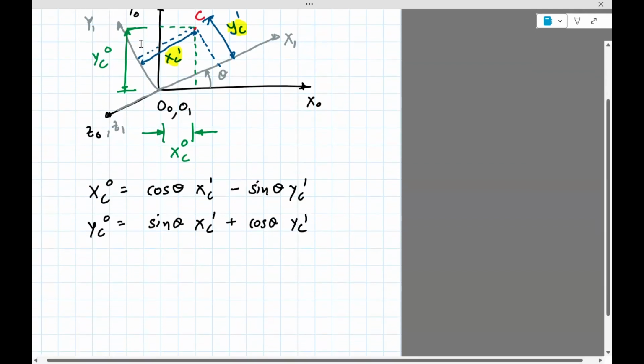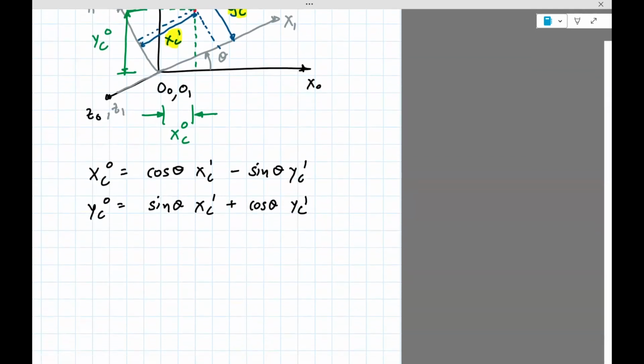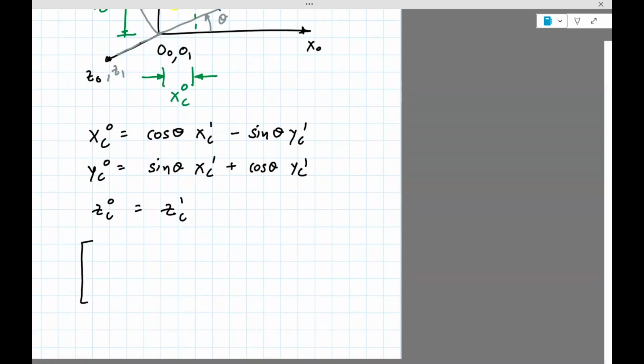Okay, so now we'll write this as a matrix. And by the way, you can also write zc0. It's just going to be zc1, right? It's not going to change because z is not going through any movement. So let's write this as a matrix: xc0, yc0, zc0.